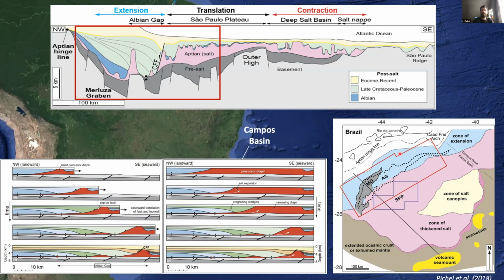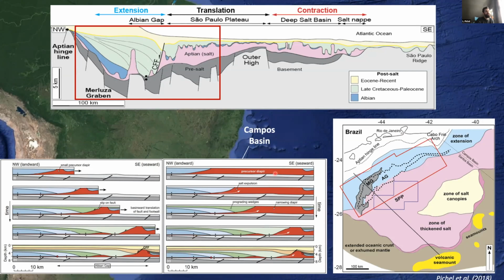So there are two main end members. One is the extension model. Here the Albian is deposited almost continuously, and then as you translate salt and the overburden, you extend and develop this rollover. The footwall of the Albian Gap here is the CFF, which is the Cabo Frio Fault. The key difference from the expulsion model is that the footwall of the Albian Gap moves laterally, seawards.